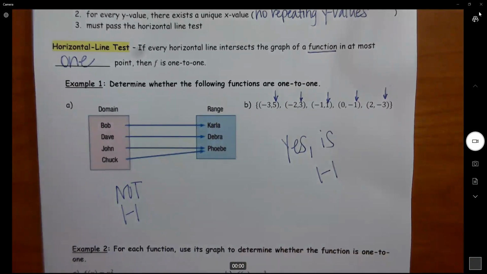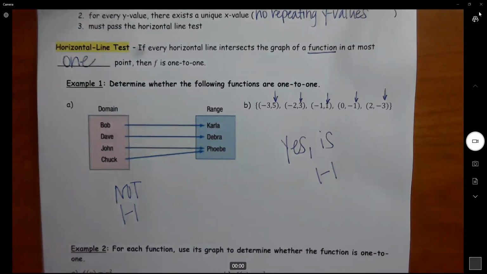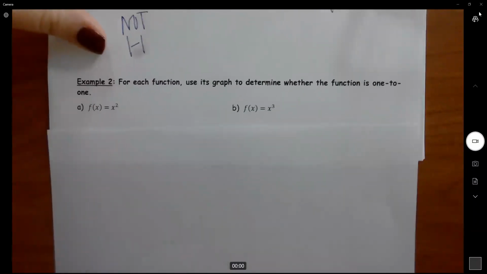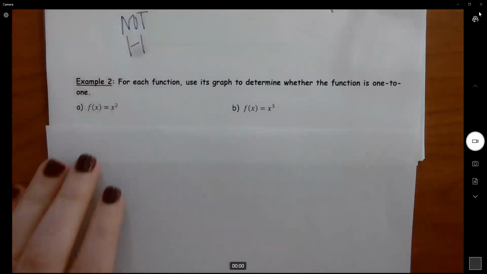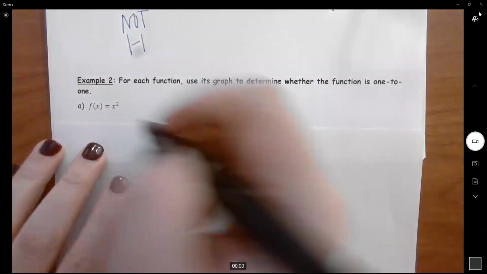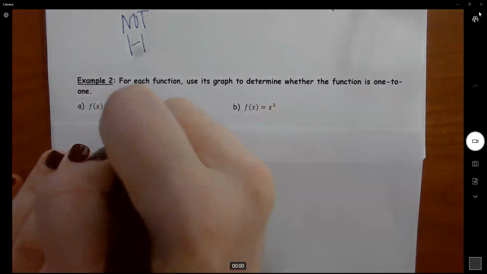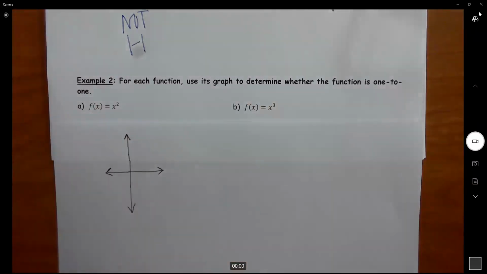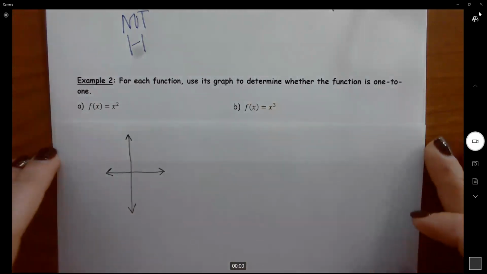Example 2 says for each function, use its graph to determine whether the function is one-to-one. Well, they say use the graph, but then they don't give you a graph. So we'll have to make our own. We have x squared, and we have done this graph several times in this class.